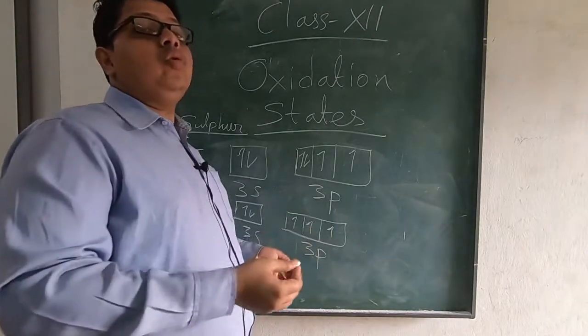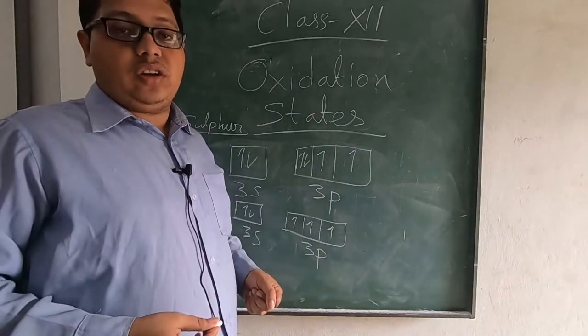Oxygen cannot show more than 2 oxidation state. Why?